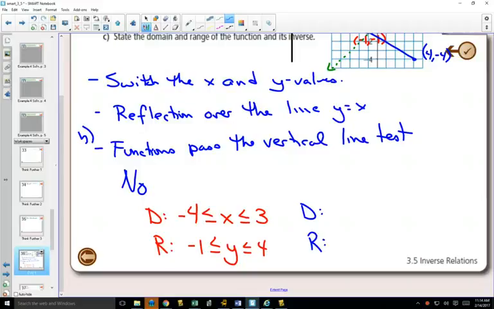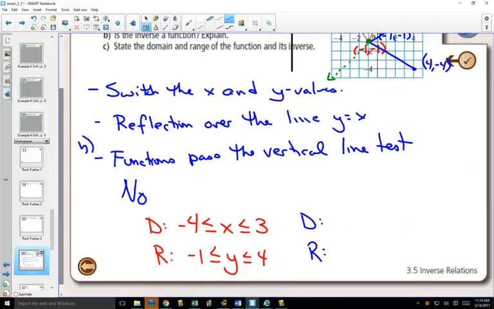if we look at our blue graph, our smallest x value now is -1. Our largest x value is 4. Our smallest y value is now -4. Our largest y value is 3. What do you notice? Compare the domains and the ranges.